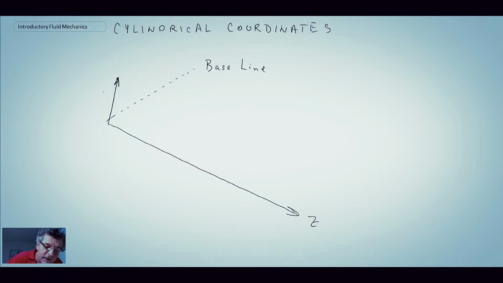So we'd have a vector r going to that point, and the angle that that point makes with respect to our baseline is theta. So this particular point will have coordinate location r, theta, and then z, denoting where it is along what we will call our cylindrical axis.